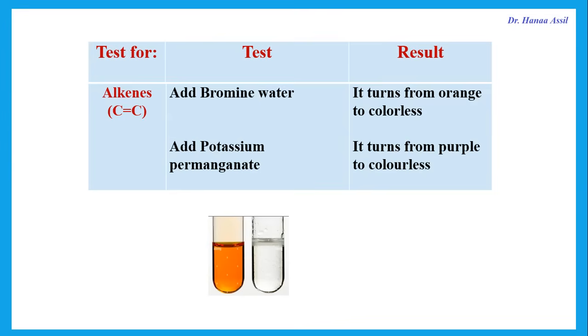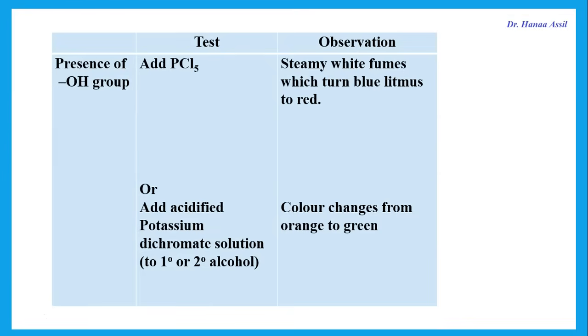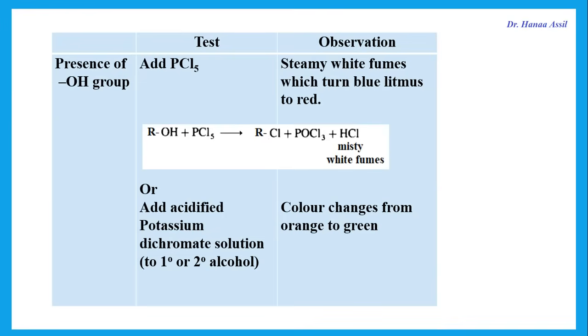Alkenes. To test for alkenes, we can add bromine water. So the bromine water turns from orange to colorless, or we could add potassium permanganate. Remember that potassium permanganate reacts with the alkenes, so it turns from purple to colorless. Test for alcohols. Presence of OH in an alcohol or in an acid.